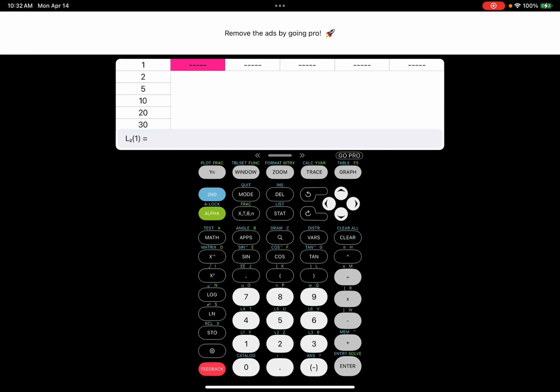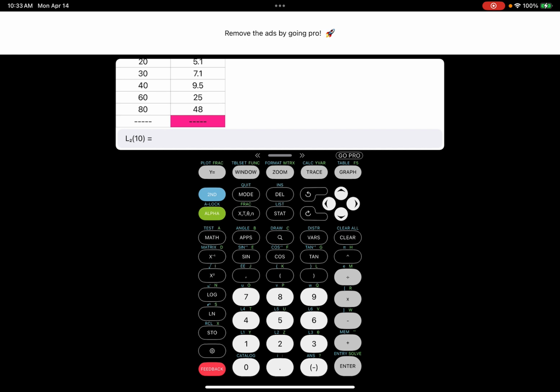My L2s are going to be 2.6, 2.8, 3.1, okay, 3.1, 3.7, 5.1, 7.1, and be very careful that you're typing in the correct decimal because it's very easy for you to make a mistake.